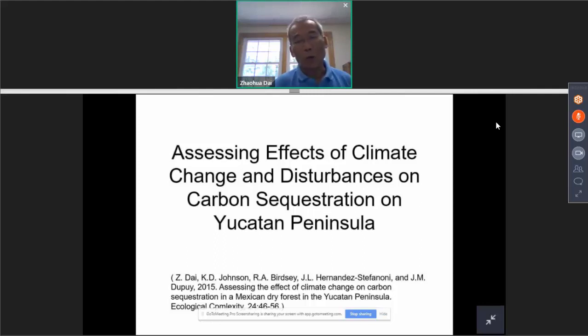Okay, so we also use this model to predict climate change influences, and how the effects of climate and disturbance affect carbon sequestration on the peninsula.